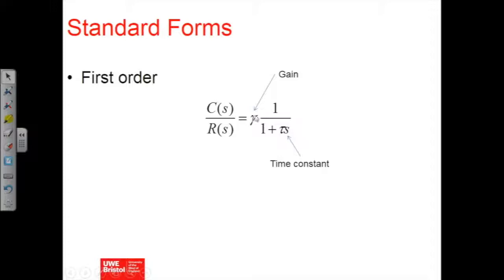Some people would argue that that gain number is separate and it's what you call a zero order system, but it's easier to think of it lumped in. So if you can manipulate its transfer function into that shape, that means it's a first order system. That means we will know exactly how it behaves. And I don't care if it's electronic or mechanical or anything else.